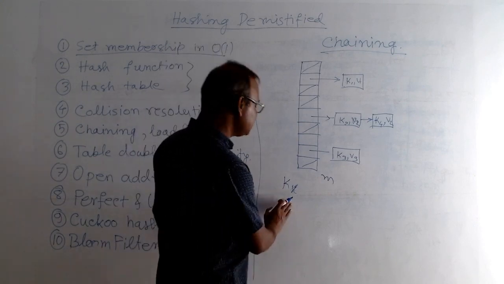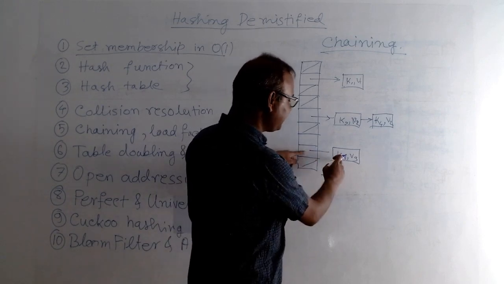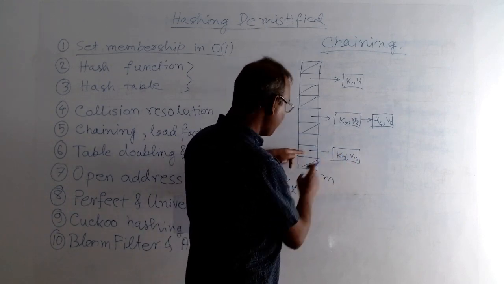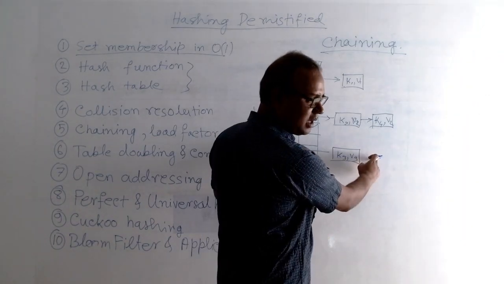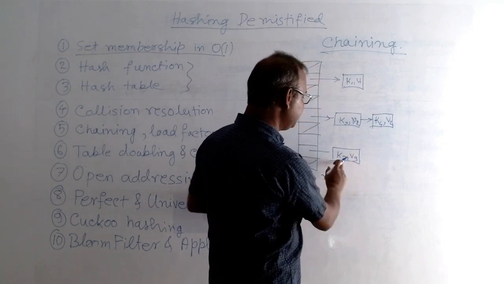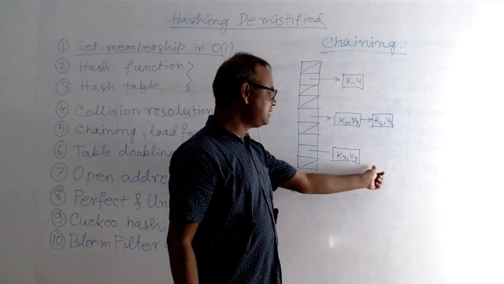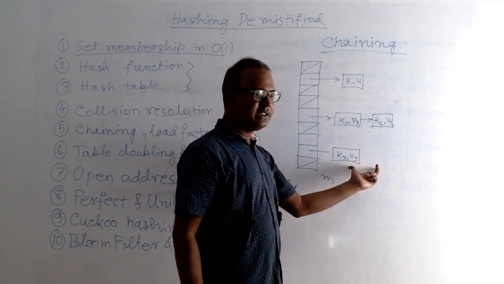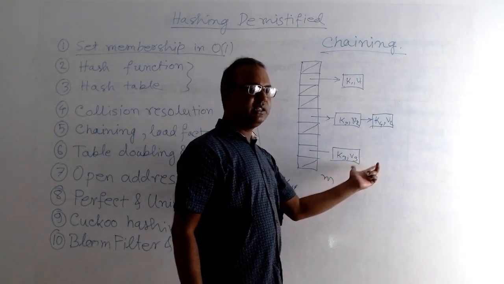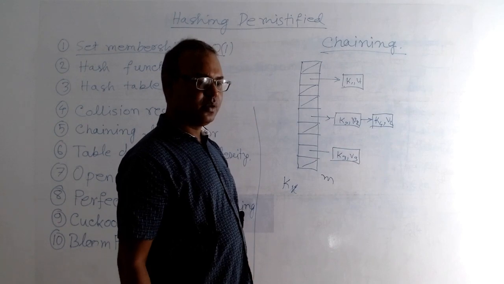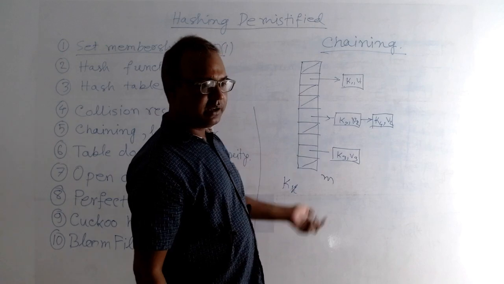But if kx hashes to a slot with a chain, we start from the beginning to the end and look up this chain to find the element. If it is found inside this list, we return it, and if it is not found, we return element not found. So this way we will search for the element.